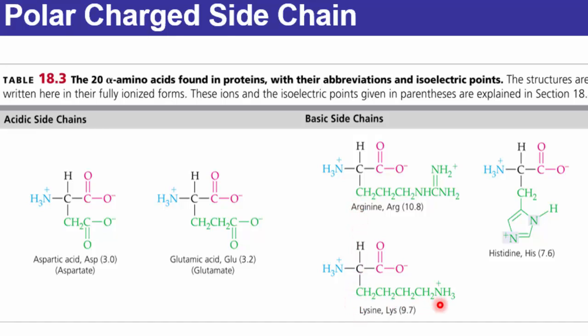Lysine contains this non-alpha amino group; if this carbon is alpha, beta, gamma, delta, epsilon, so this is known as an epsilon amino group. Whereas histidine, here the side chain is a 5-member ring called imidazole. Now, why do they call these acidic side chains? Because they have a negatively charged R group at physiologic pH, and these are termed basic because they have a positively charged R group at physiologic pH.